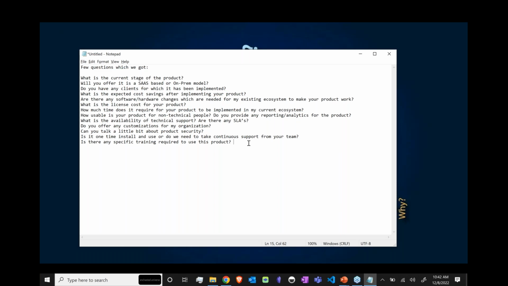Are there any hardware or software changes needed for an existing ecosystem to make your product work? No, the only requirement is that you basically have to be a consumer or an adopter of Kubernetes and containerized technology. What is the license cost?